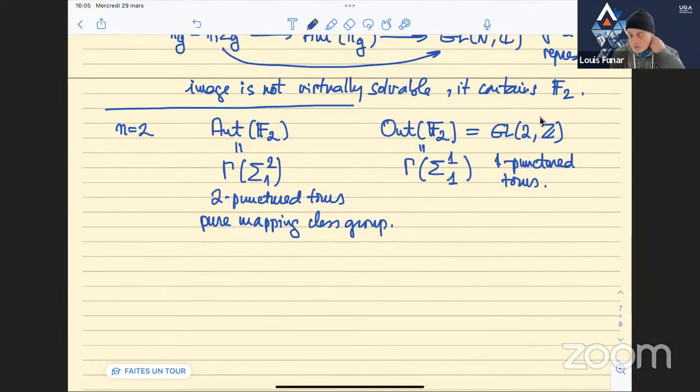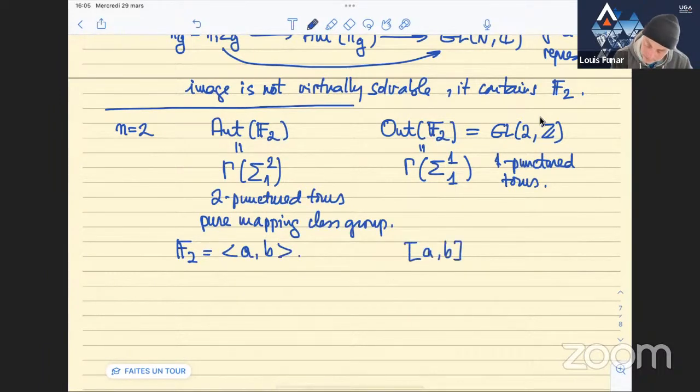In this case, as I said, one has to be careful what happens on the boundaries. And it happens that if I'm taking F2 generated by 2 elements A and B, the class of AB, the conjugacy class of AB, let's call it E, and the conjugacy classes of E and E inverse, the two are invariant by the automorphism group of F2.